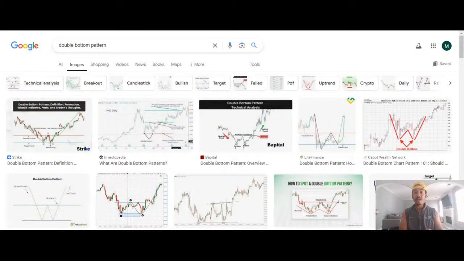The next thing you want to do is you gotta understand the market sentiment, right? And what I mean by market sentiment is, the trend is your friend. So you gotta know which way the trend of the market is going, and there's a couple ways to do that.